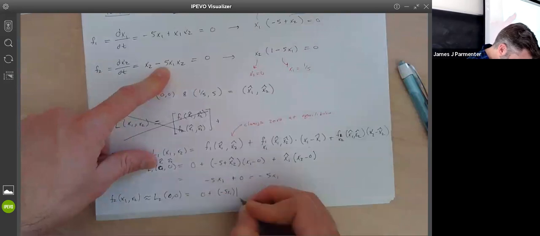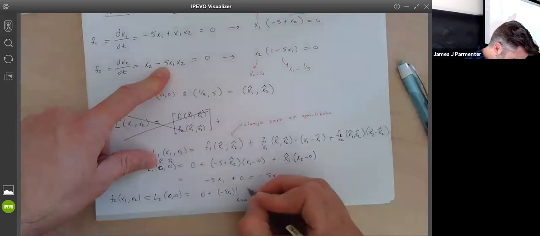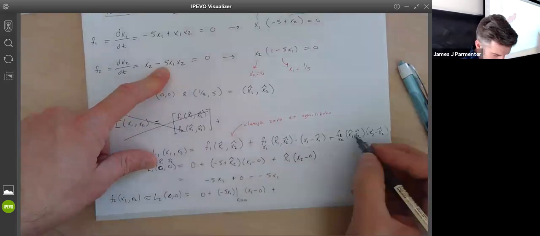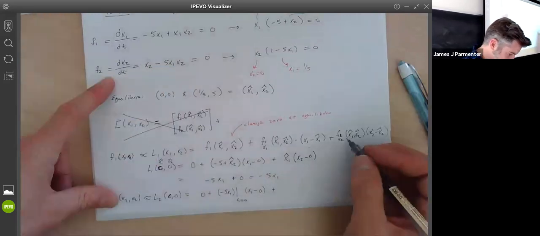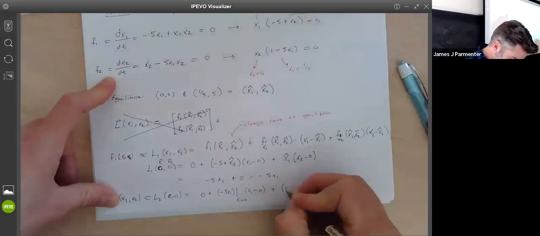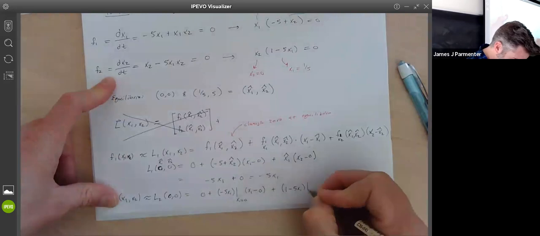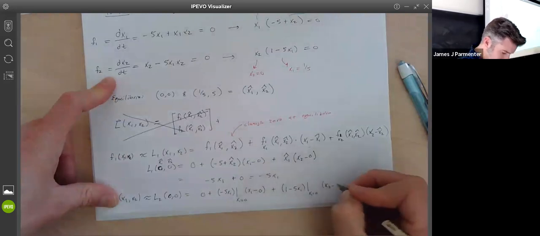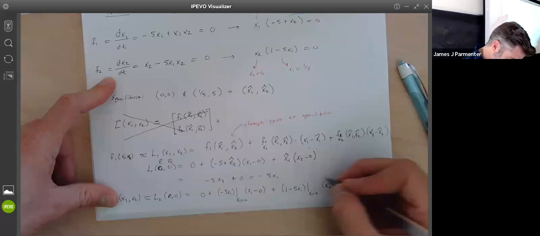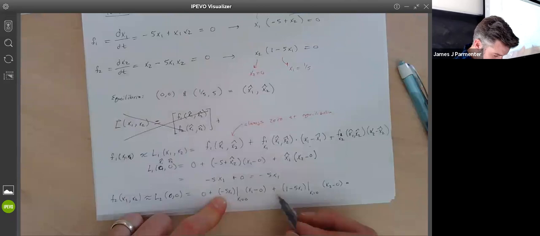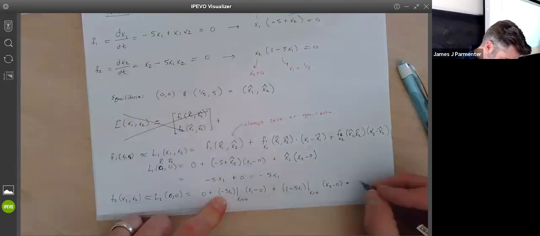We're going to plug in x1 equal to 0, and then multiply by x1 minus 0, plus the partial with respect to x2, that's going to be 1 minus 5x1. We're going to plug in x1 equal to 0 again, times x2 minus 0, which ends up equaling 0 plus 1 minus 0 times x2.